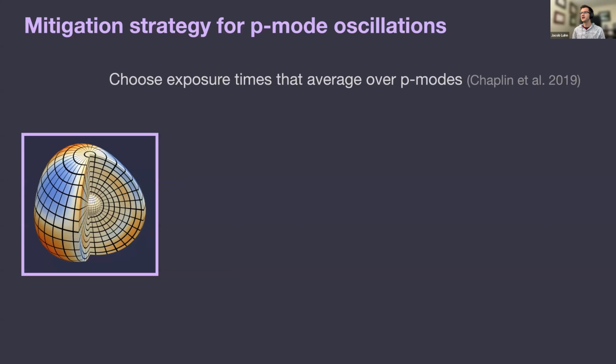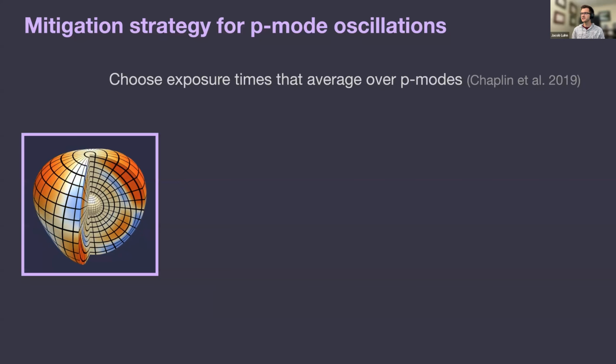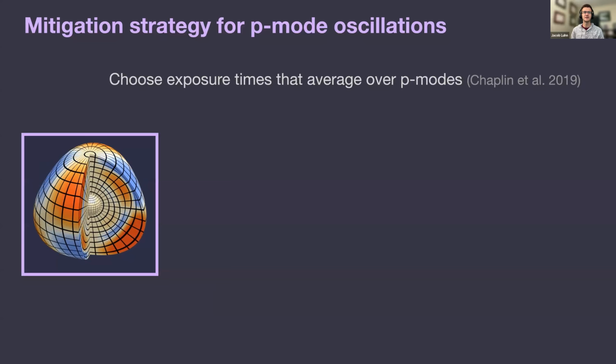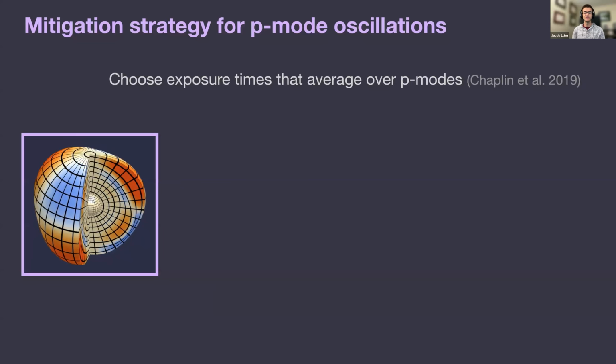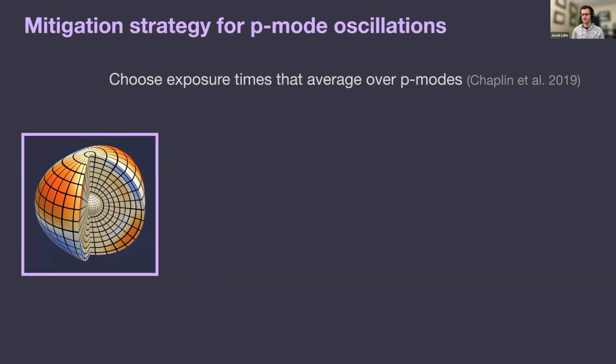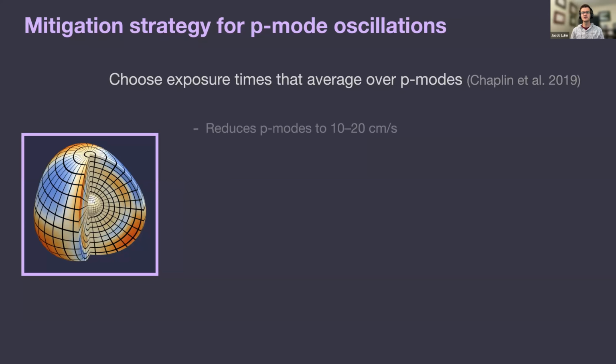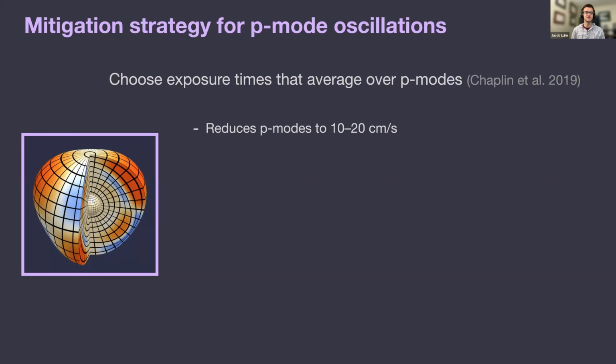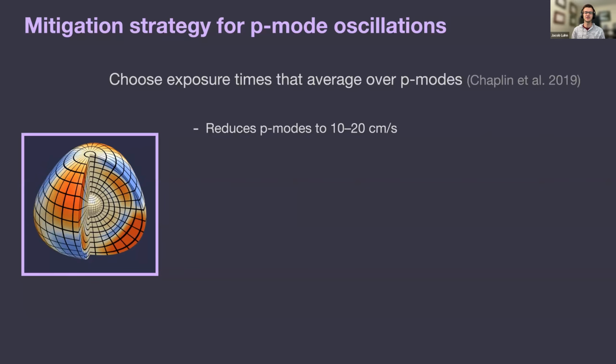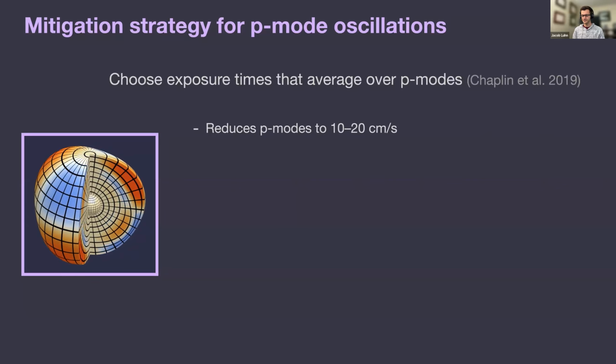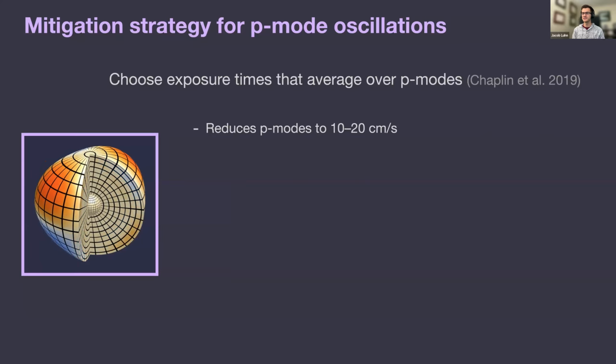Specifically, this Chaplin et al. result suggests an integer number of p-mode timescales. And for most targets that we're interested in, this reduces p-mode oscillations to about the 10 to 20 centimeter per second level.